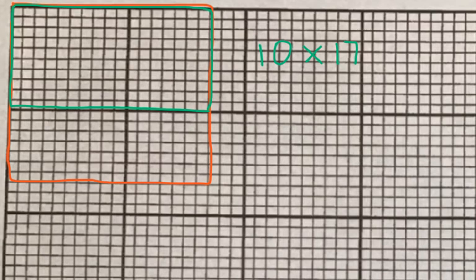Now the remaining array that is in the red section below the green box is still a section that I need to solve. And if I look at that closely, it is 7 rows of 17. Now that is still a pretty unfriendly times table for me. So I'm going to break that down further, and I'm just going to break off the first 5 rows because I'm happier with my 5 times tables.